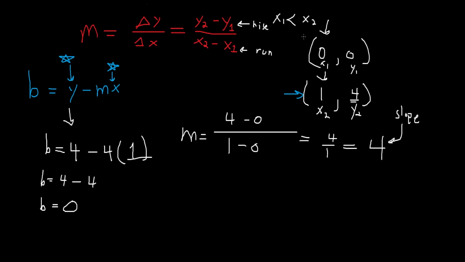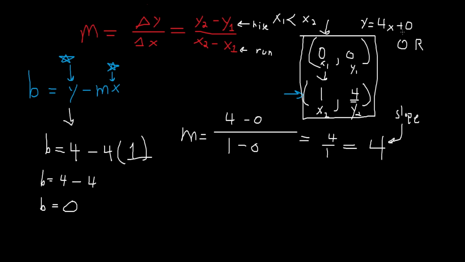So if I asked you, what is the equation of a line that runs through these points, you would say, well, I know that the slope is 4, and I know that the y-intercept is 0, so y should equal 4x plus 0. Or, because adding 0 is not something you really have to do, we could say y equals 4x, and that would also be a correct answer. Both of these answers would be correct.